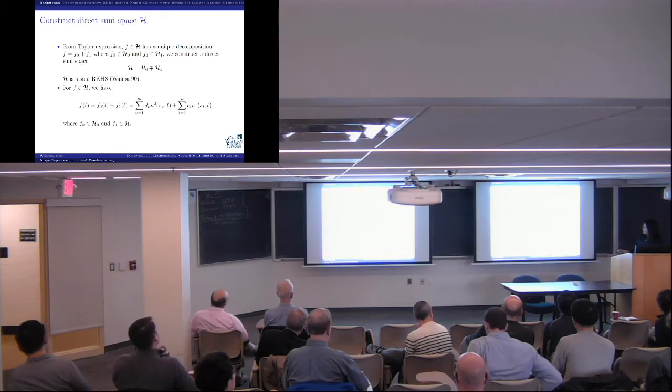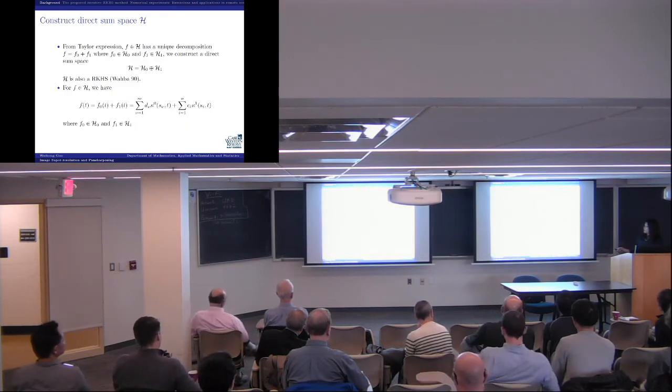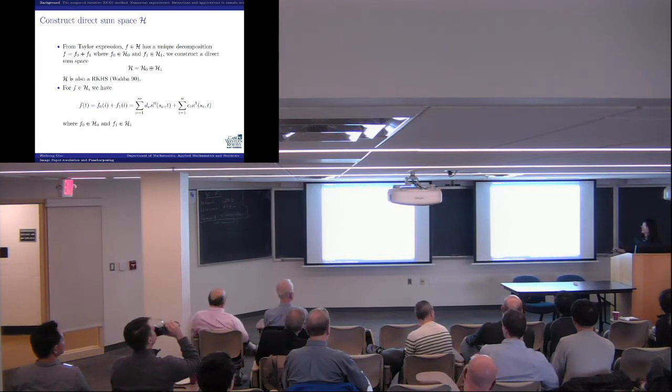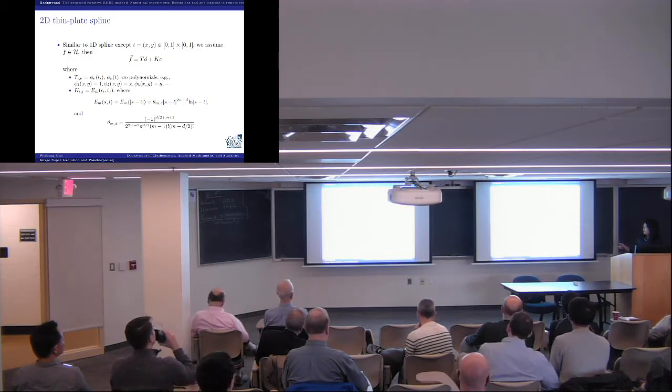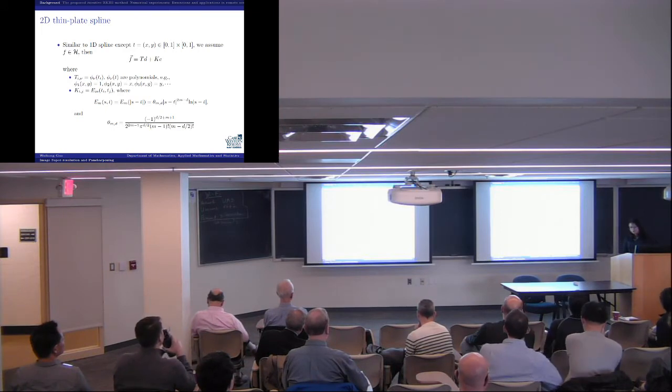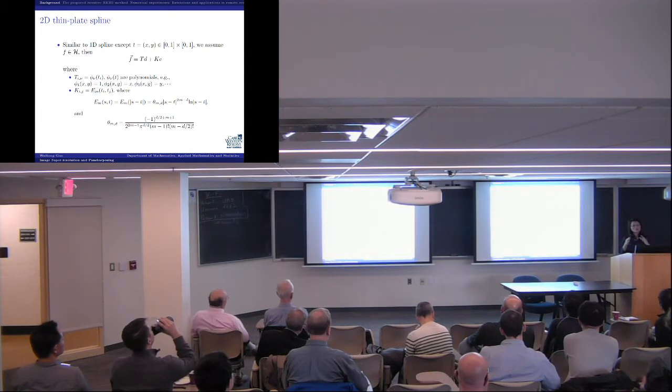So earlier, if you look at this, basically these are the bases, right? And you just need to figure out the coefficients. So if it's 2D, you just generalize this to something else, say thin plate splines, and you're going to get something that still is a linear combination. So we are trying to reconstruct the underlying image intensity as a function, and we find a basis for the function.